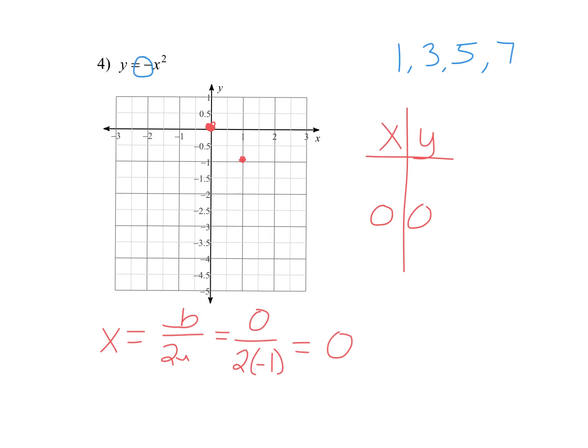From there, where am I going to go? Over 1, down 3. Okay, I can't go any farther, so I'm going to go back to my vertex, and I'm going to do the same thing the other way. Over 1, down 1. Over 1, down 3. Or the other option you could do is mirror it. Okay, and then make your picture.